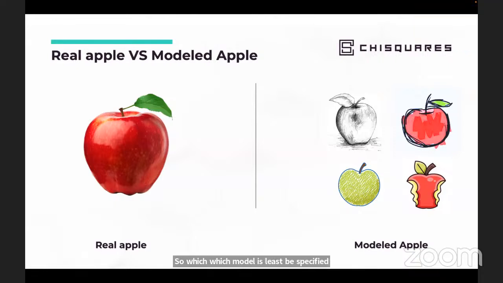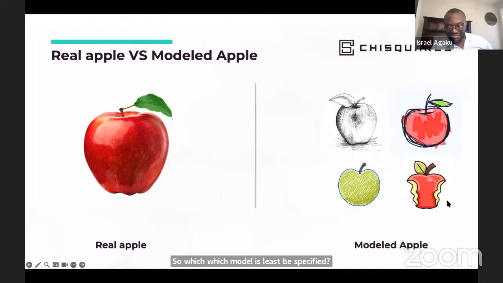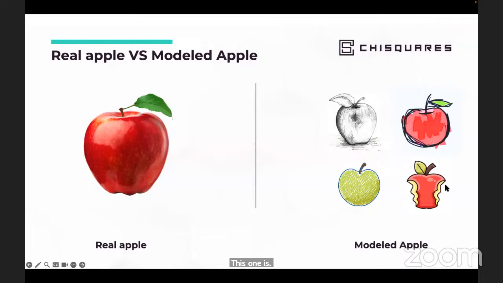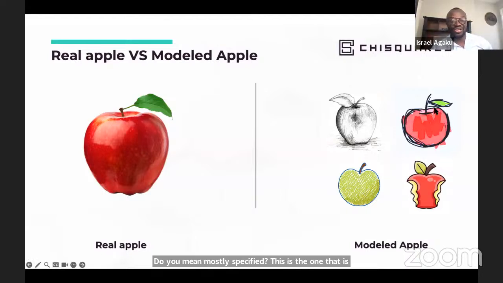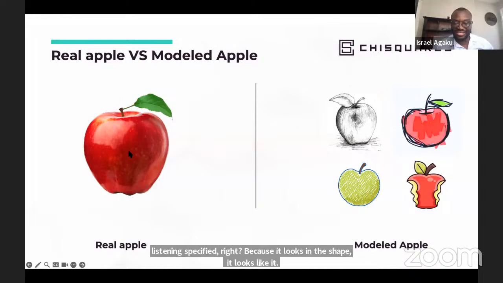This one is the least misspecified, right? Because in its shape, it looks like an apple. See, it has a leaf.